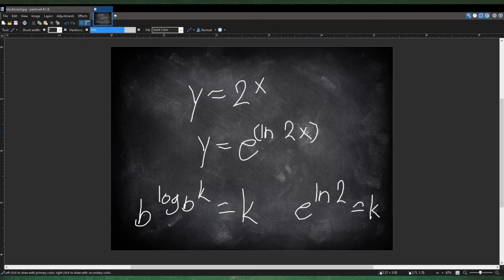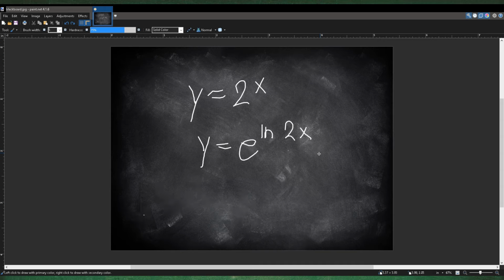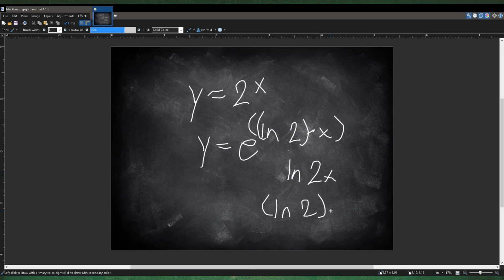So I mean ln of 2, it's not ln of 2x, it's e to the ln of 2 times x, but they're both in the exponent. It's not ln of 2x. Because you want to specify where you're going to put the parentheses. Because if you want to have the x be ln'd, it's going to be ln parentheses 2x. You see how there's a difference? So it matters where you put those brackets, basically.